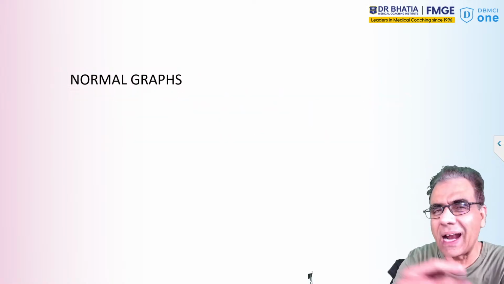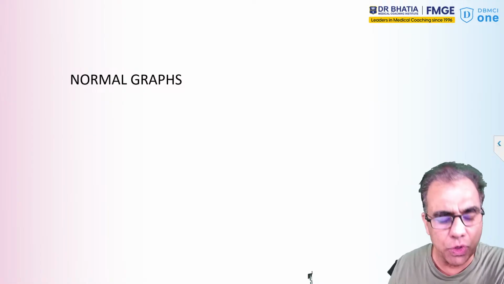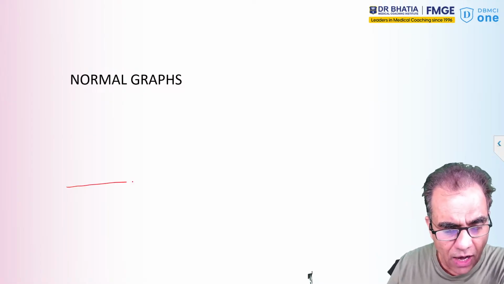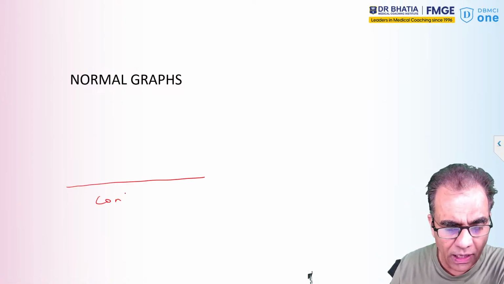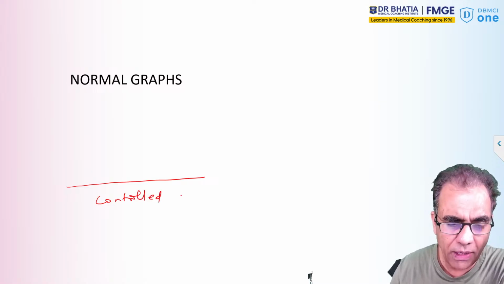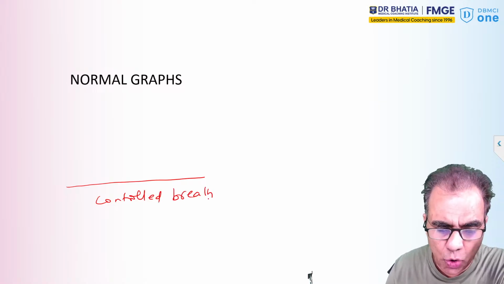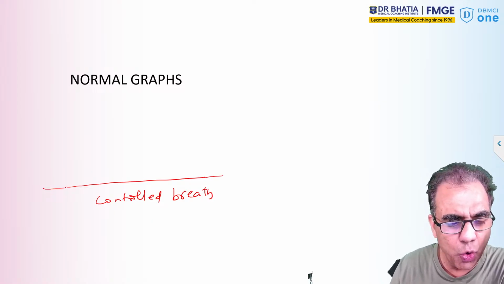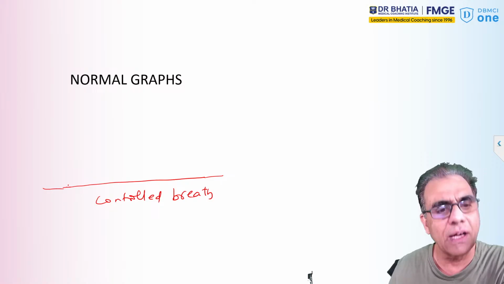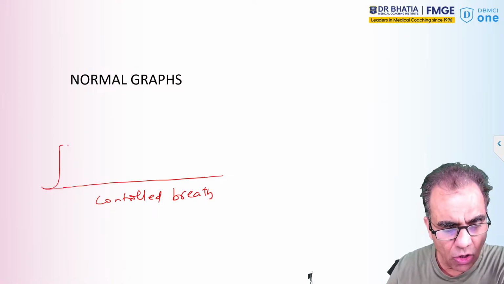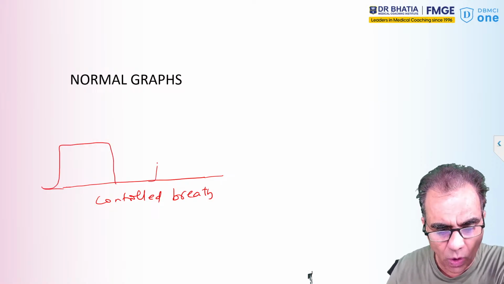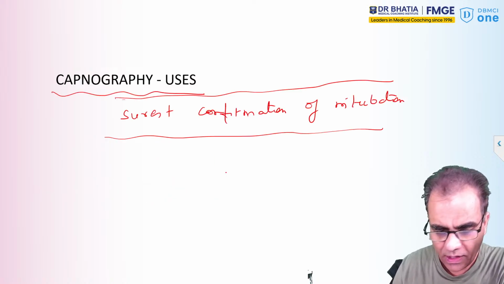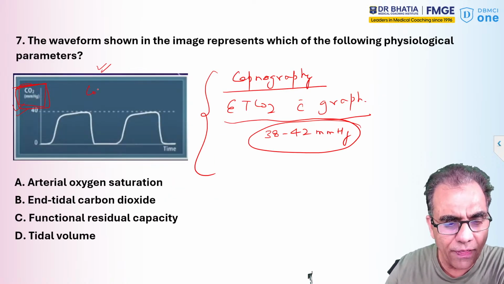So we'll see some graphs, and accordingly we will see the uses. The normal graph for a controlled breath. Do you know the meaning of controlled breath? It means you or the ventilator is delivering the ventilation to the patient, and that is the usual scenario because we are giving muscle relaxant. So this is the normal graph, the controlled breath graph.